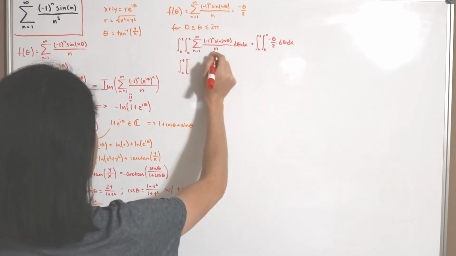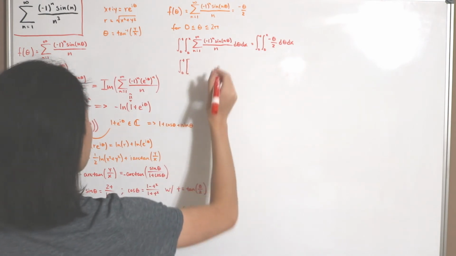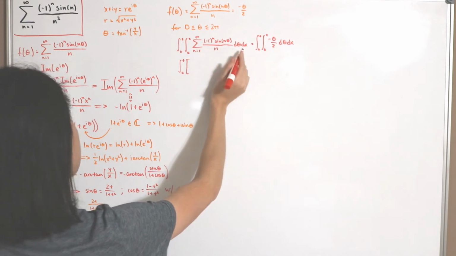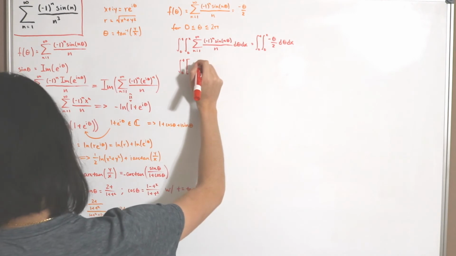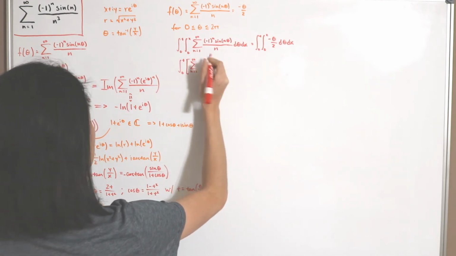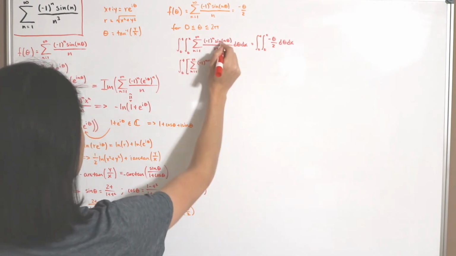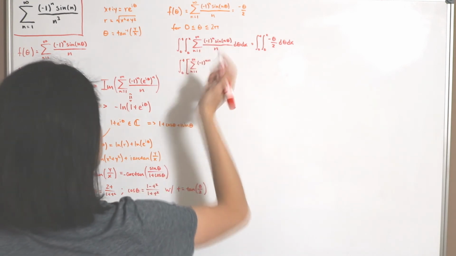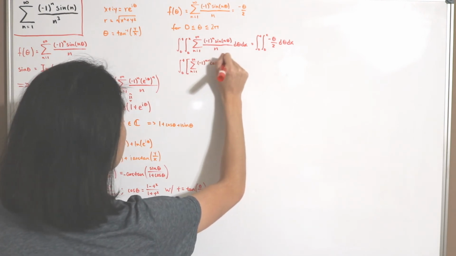Since negative 1 to the power n and n are constants, I'll just focus on integrating sine of n theta, which, if you want to check yourself, gives the infinite series, n equal to 1, of negative 1 to the power n plus 1, since integrating gives a negative 1 that goes with the base, so you just add 1 to the exponent, times cosine of n theta.